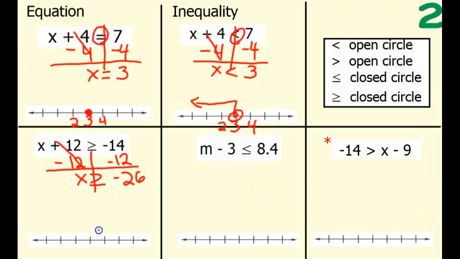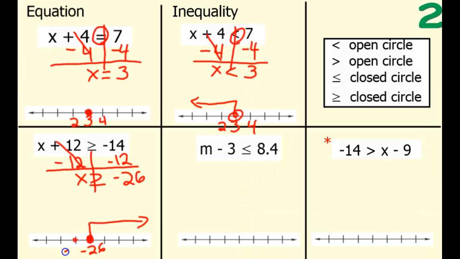Now how we graph that is we just pick wherever we want on our number line. We know we have a greater than or equal to, so it's going to be a closed circle. And we say that this is negative 26. The arrow is pointing to the right, so we draw an arrow to the right.